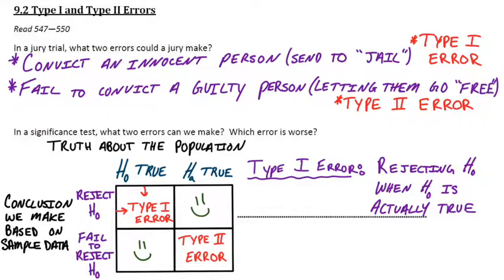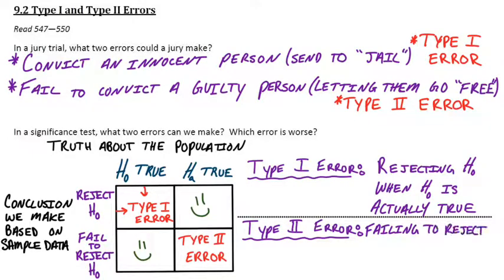A type 2 error, on the other hand, that's like letting a guilty person go free. So in this case, we fail to convict or fail to reject the null hypothesis when the alternative is actually the true claim.